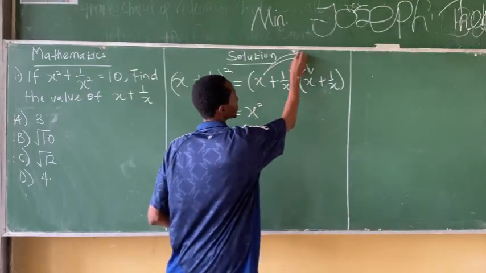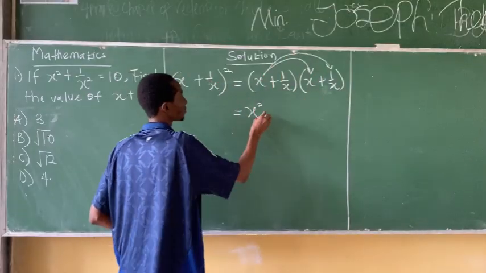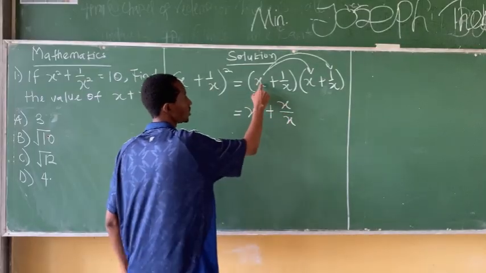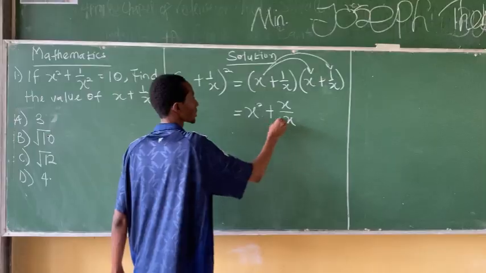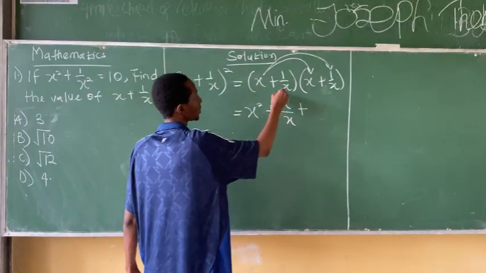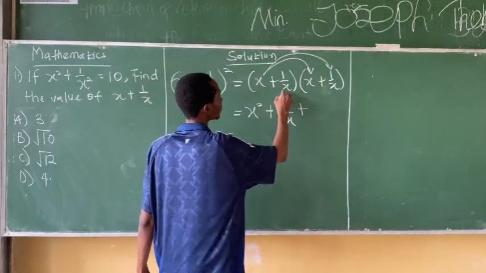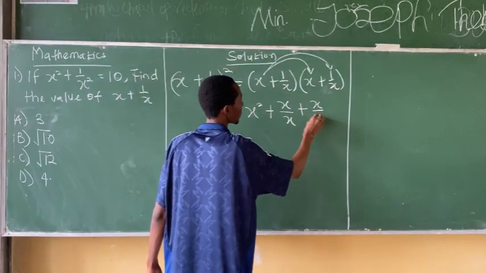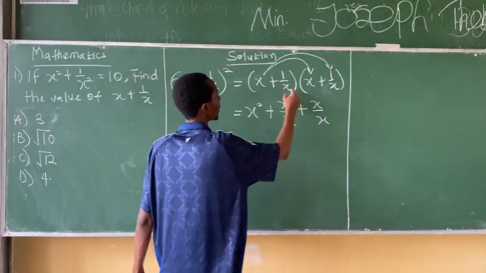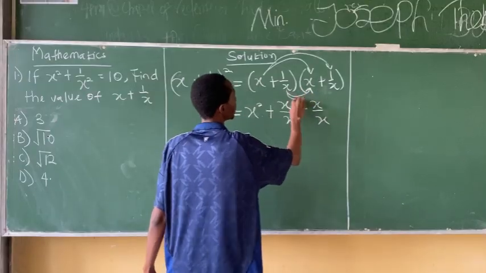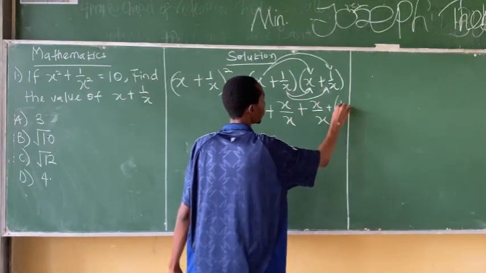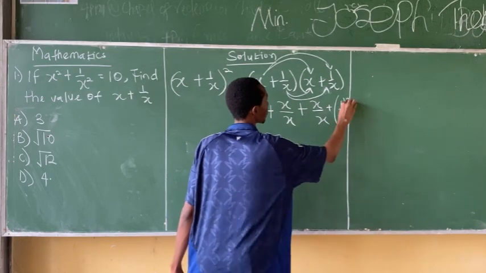If this x multiplies the second term, we have plus x all over x. This multiplies it to have x over x, and this multiplies this, you have plus 1 all over x all squared.